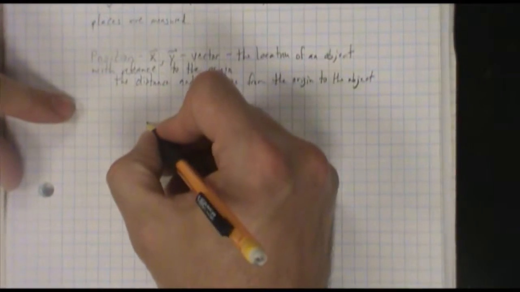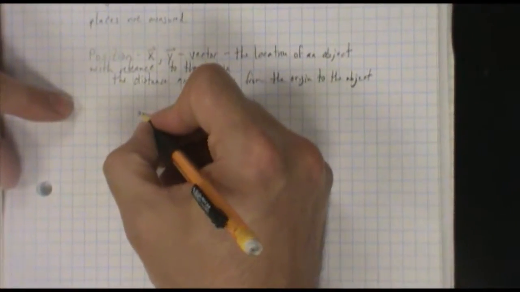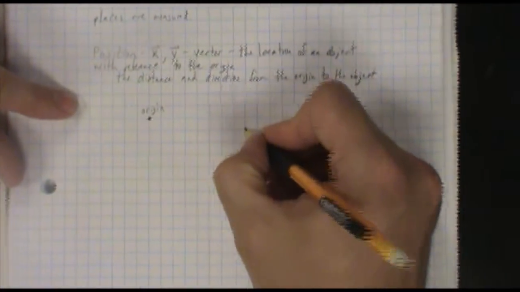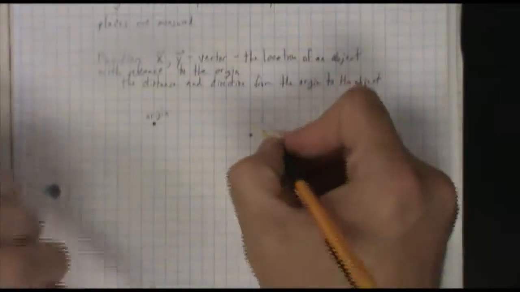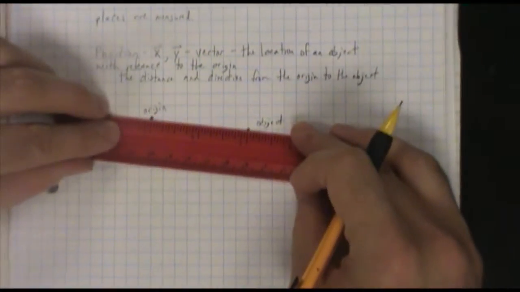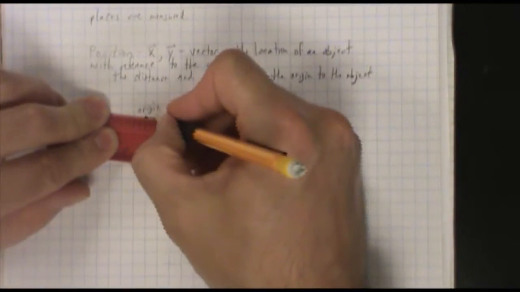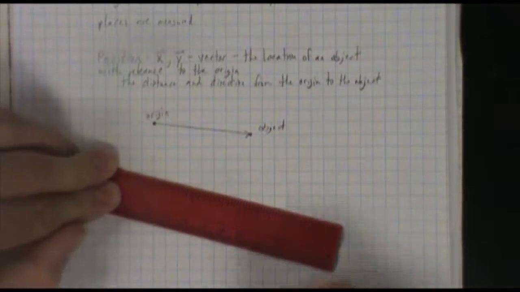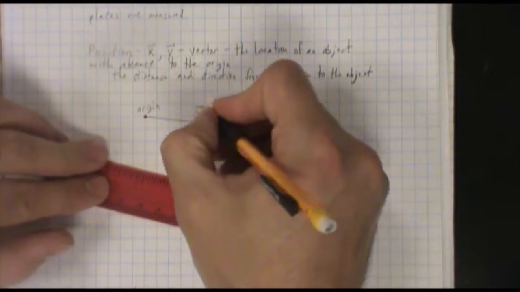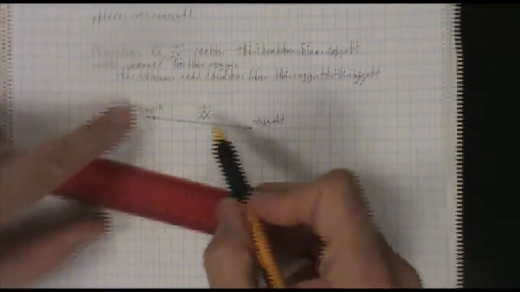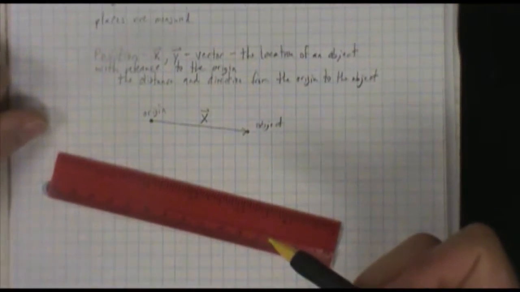If this is our origin, and my object is here, then the position is this arrow, from here to there. This arrow is the position of the object. It is the distance and direction from the origin to the object.